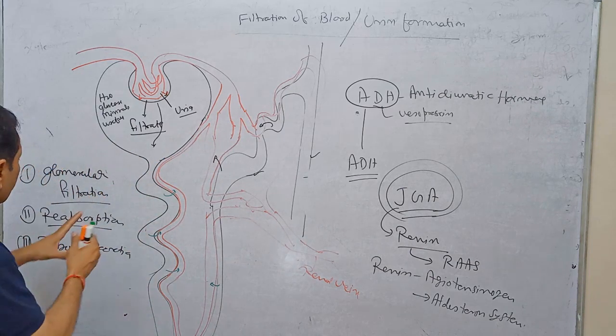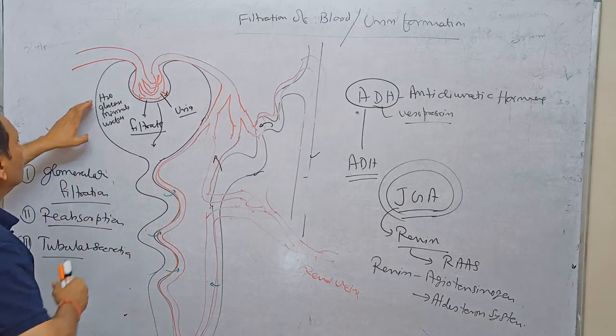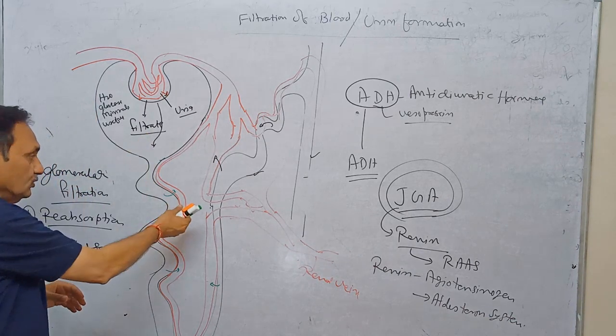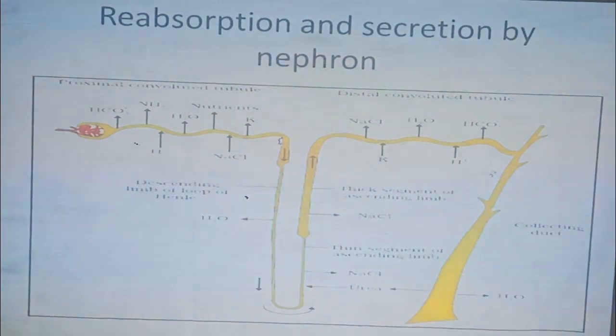Now we will discuss where the water, glucose, and minerals move from the filtrate to the blood. Here you have seen the Bowman's capsule, with the afferent coming here and the efferent going from this one.